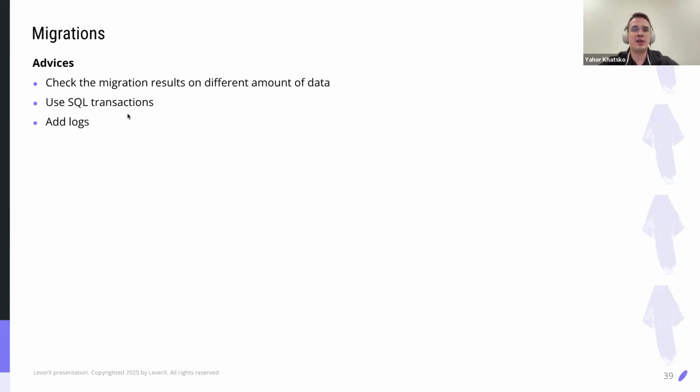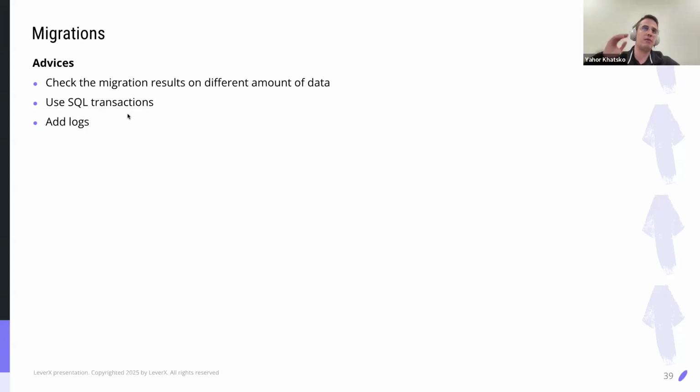And also you should add logs to the transaction to actually see what happened. What was the state of the row that you are trying to update? What was the actual data that you are trying to update? It's really useful to see in case of some kind of errors. You can easily understand on which step the error happened.